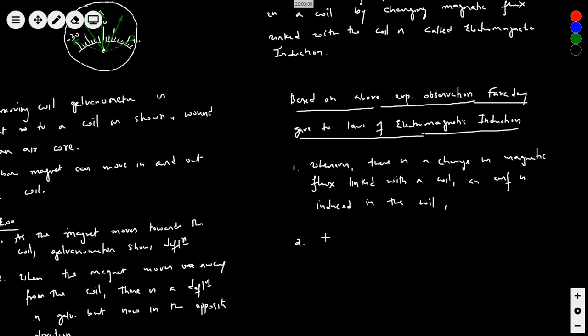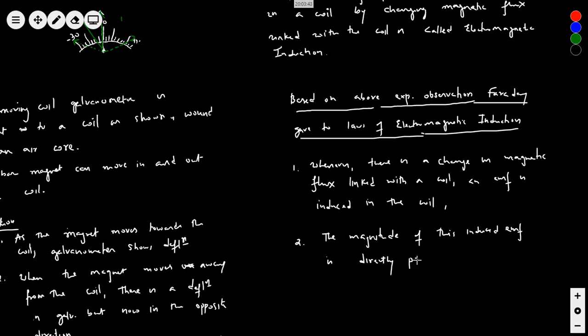Number two: the magnitude of this induced EMF is directly proportional to the rate of change of magnetic flux linked with the coil.